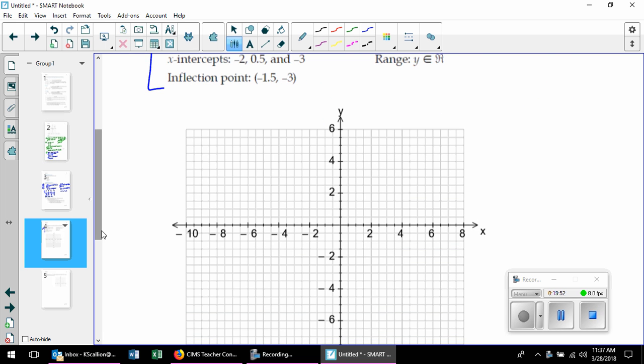I need you to read. Sorry, emotionally abusive is what I'm doing. Negative 3 is right here, there are the x-intercepts, negative 0.5.